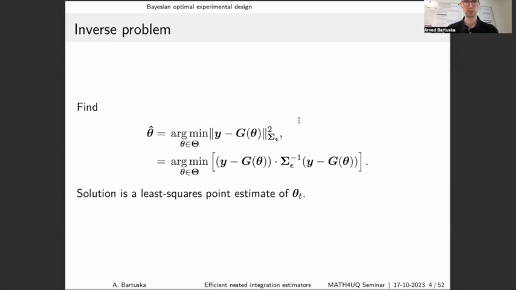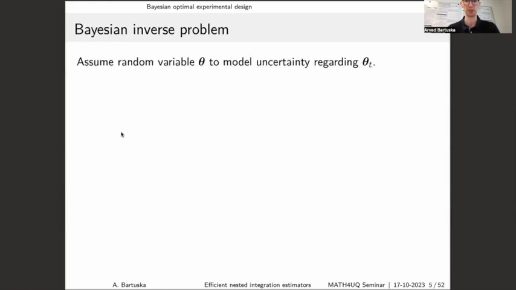This provides a point estimate of theta true. The issue with this is that the uncertainty of not knowing the actual theta true is lost. We get some value for theta that we assume is most likely to have generated the data, but we're not sure how good this estimation really is.